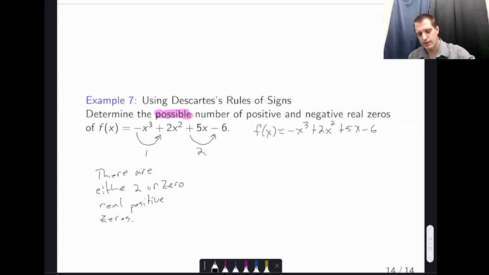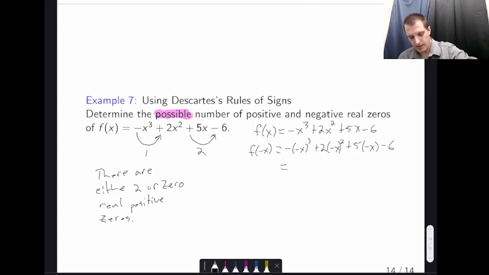All right, for the other one, we need to replace our f of x with f of -x and simplify, kind of like when we were doing symmetry. So we get a negative times negative x cubed plus 2 times negative x squared plus 5 times negative x minus 6.